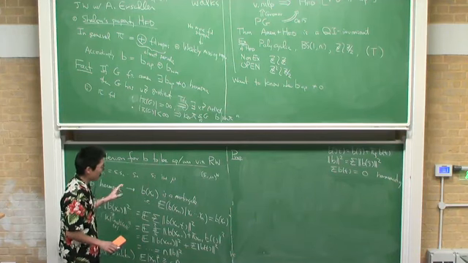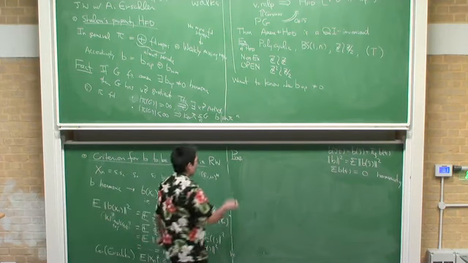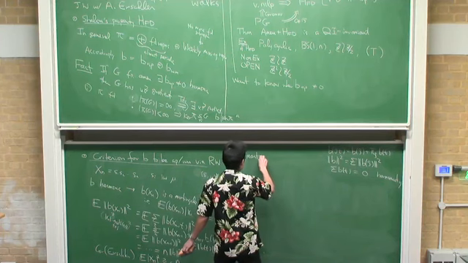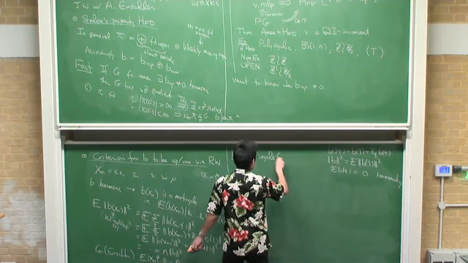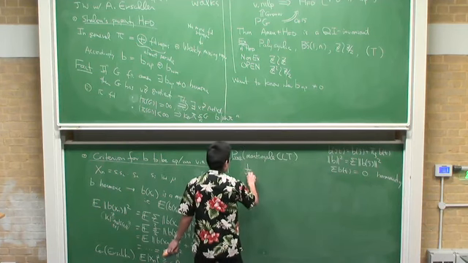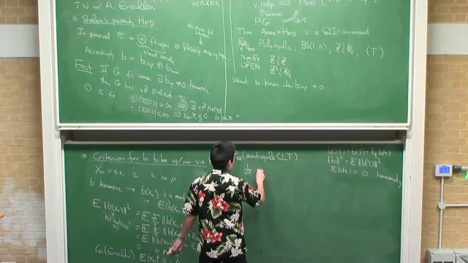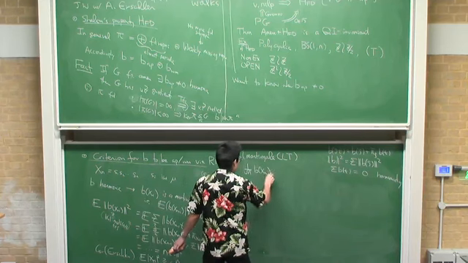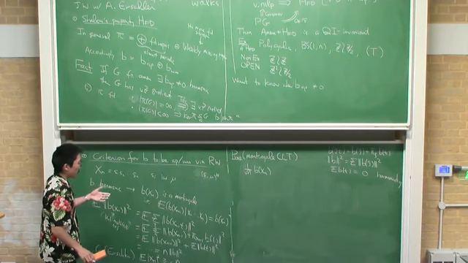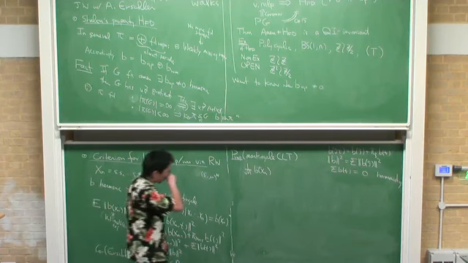But in this case, everything works beautifully, and the martingale central limit theorem applies. So the martingale central limit theorem, and this is a Hilbert space valued random variable.